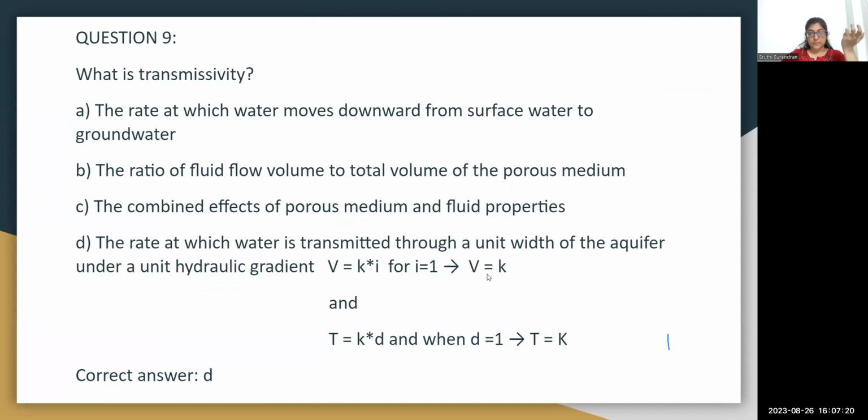Now, transmissibility is equal to the product of hydraulic conductivity and depth. Since D is equal to 1 and K is equal to the velocity, transmissibility can be the rate at which water is transmitted. So this could be an explanation.